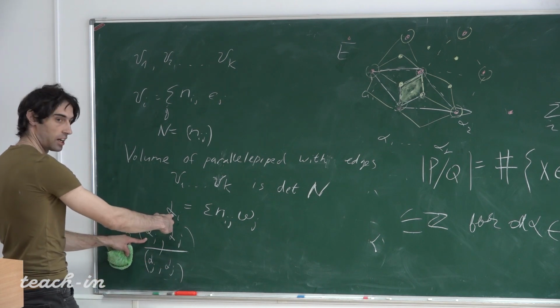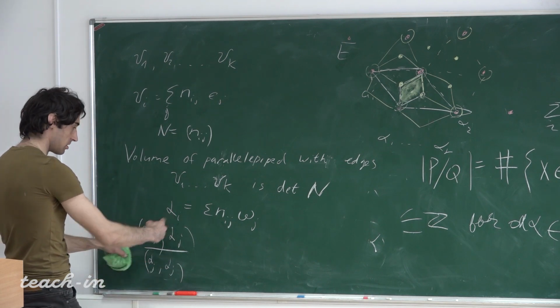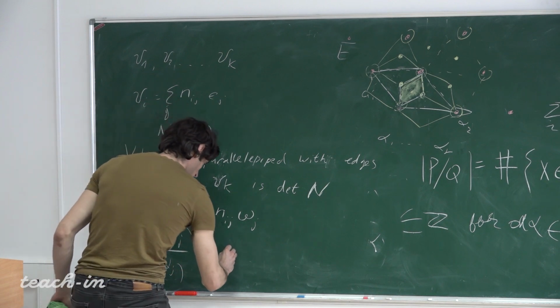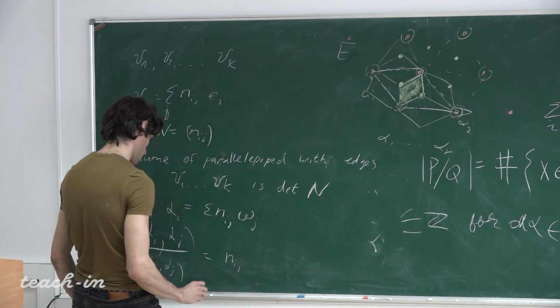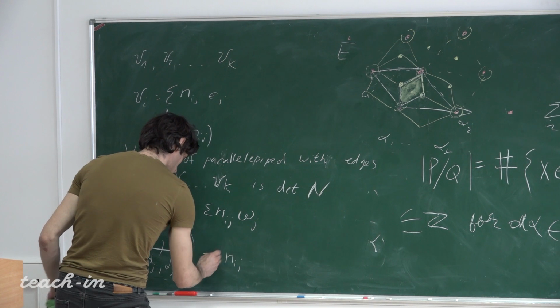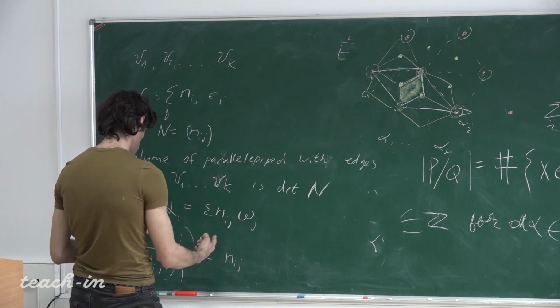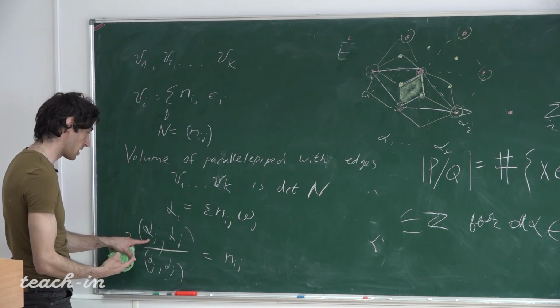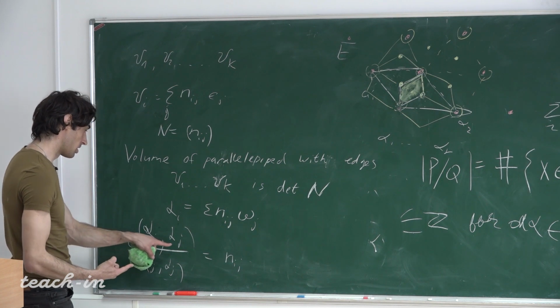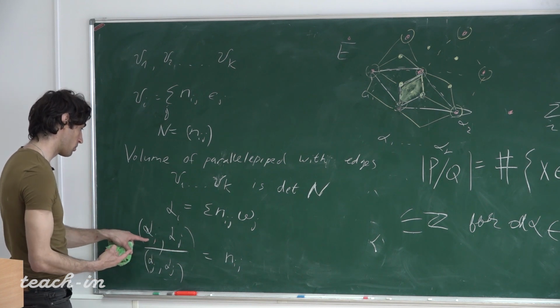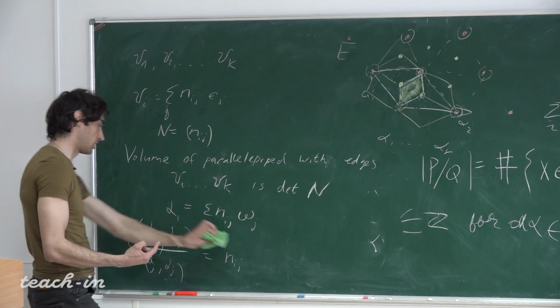And plug this inside. Then I will have exactly n_ij, well, I will have the sum over j. But omega_j with omega_i, okay, let me plug this inside.